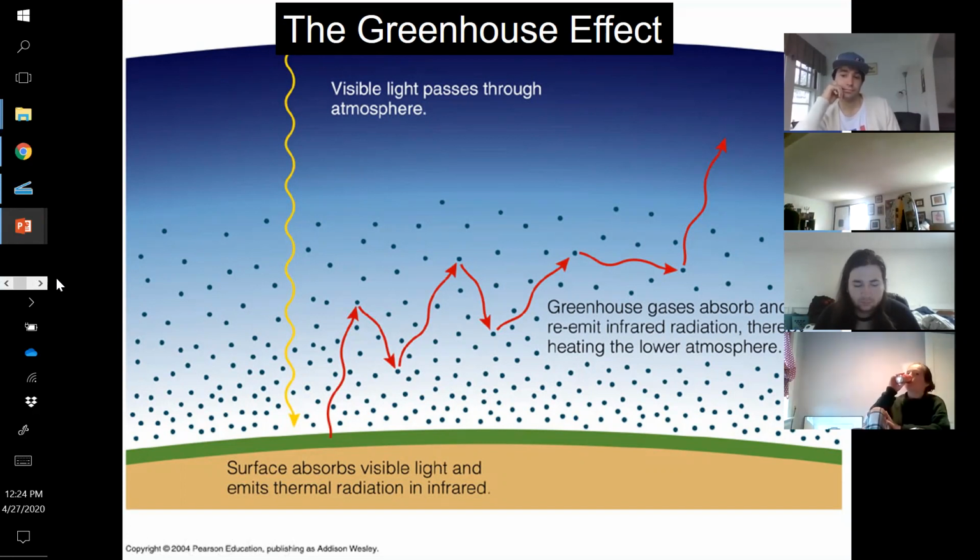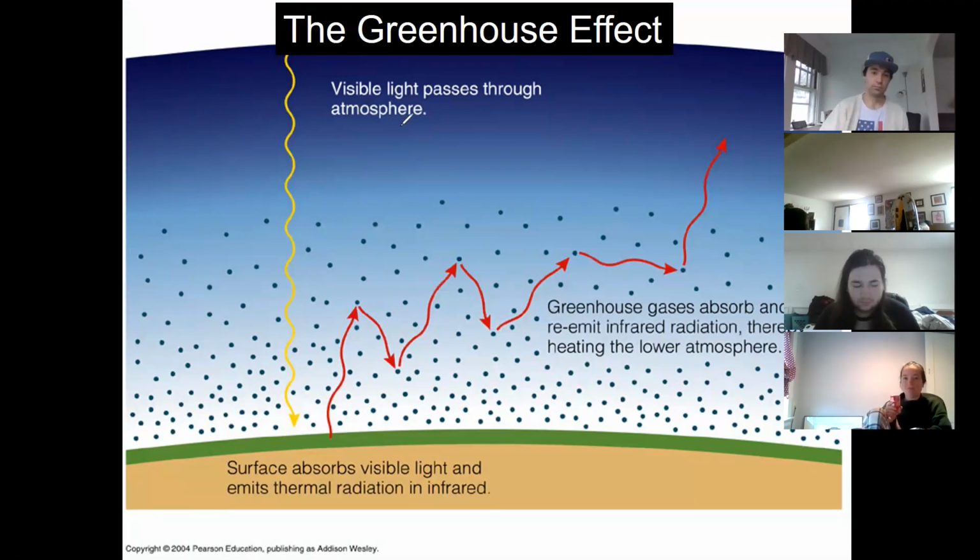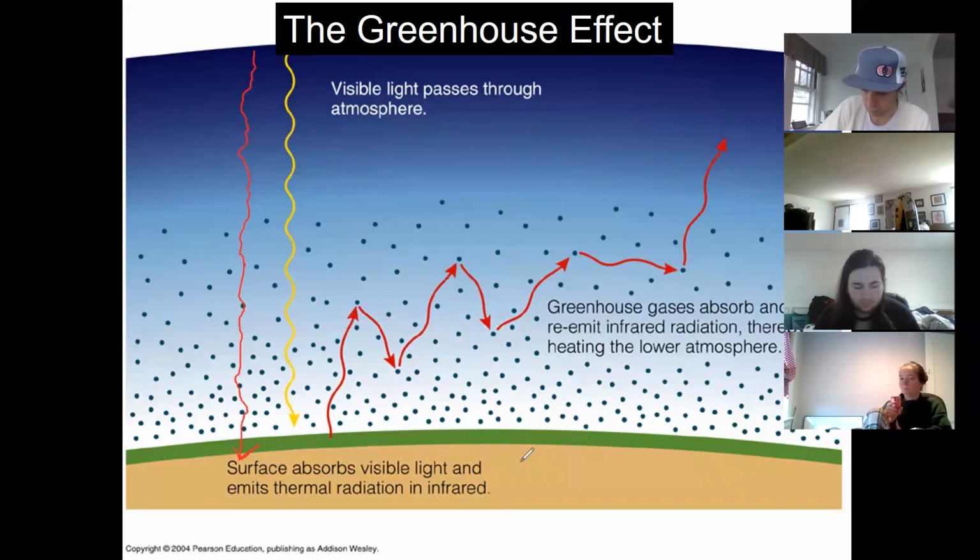So first, what we have at the bottom here, or sorry, let me get my annotator out. So here comes some visible wavelengths of light from outer space, red, green, yellow, blue photons. They strike Earth, and they heat Earth's surface rock up to an average global temperature of, like, 15 degrees Celsius, which is 15 plus 273.